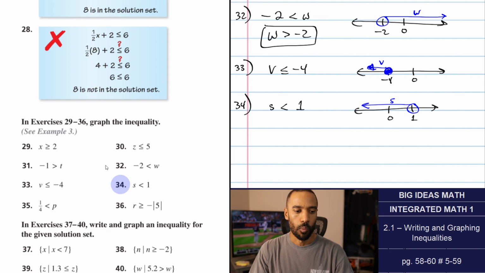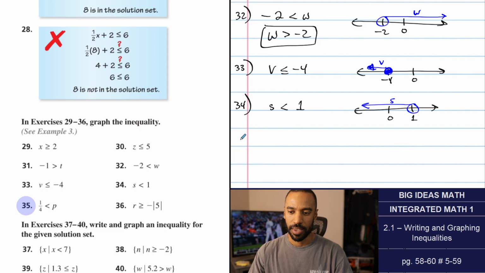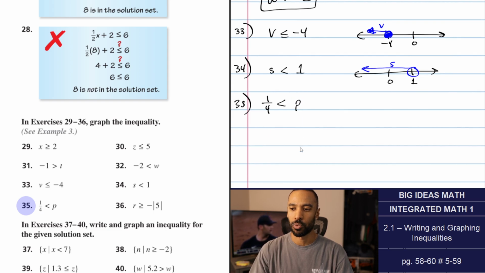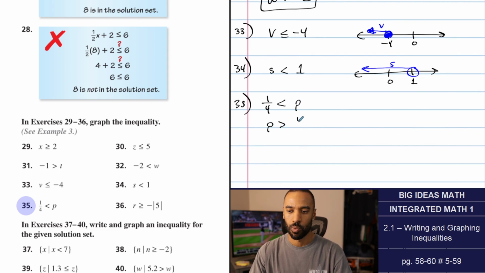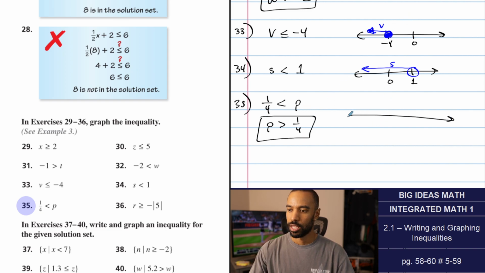Number 35, 1/4 is less than p. I'm not fazed by the fraction when all I'm writing is the boundary point stuff, but 1/4 is less than p is another way of saying p is greater than 1/4. Of course, we'll be going in that fashion here. 1/4 is a positive number, so it's more than 0.